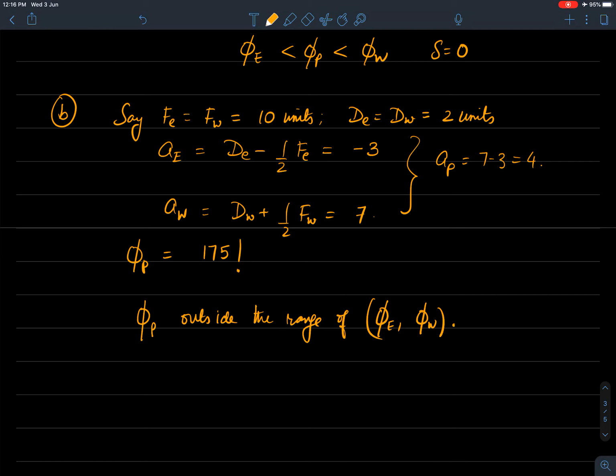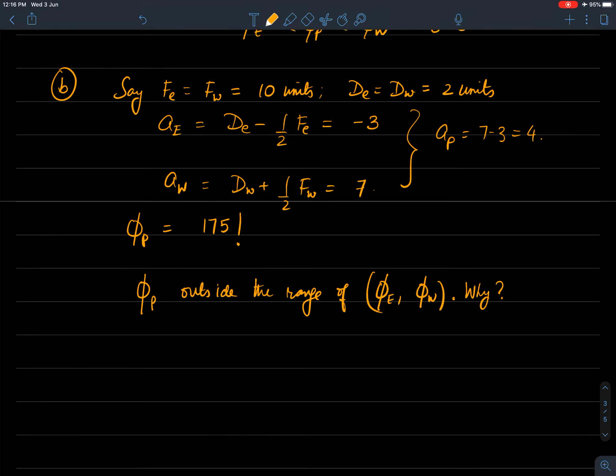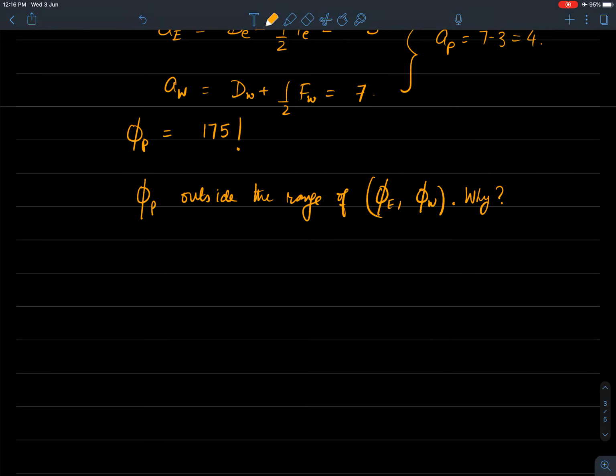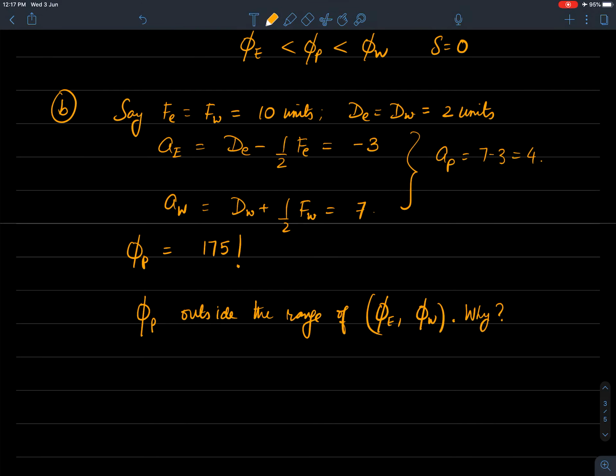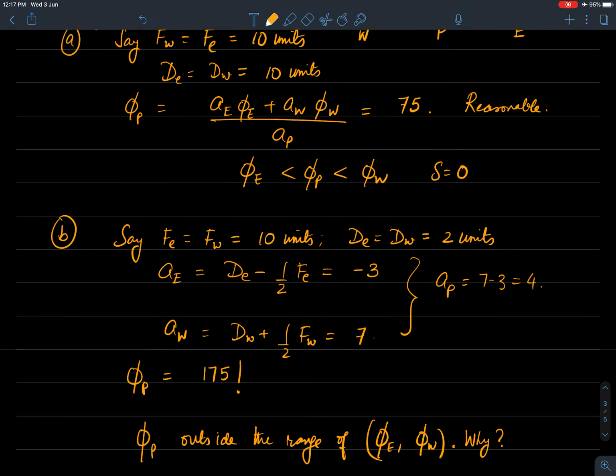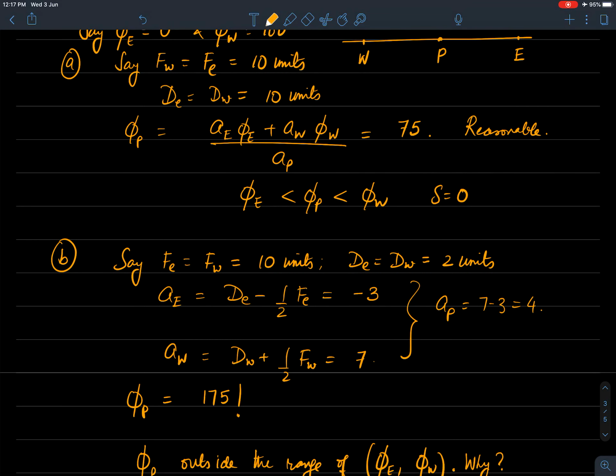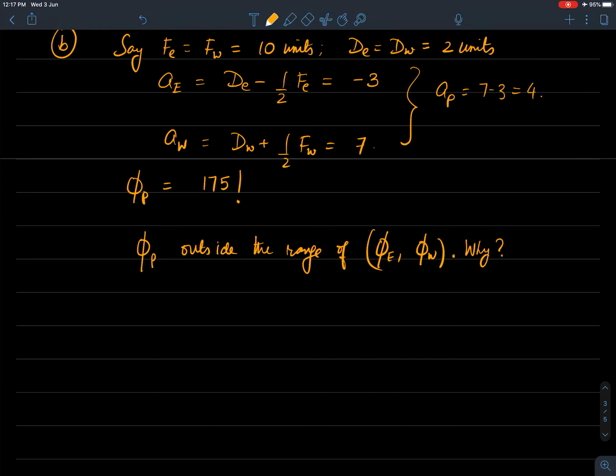And so why did this happen? That is a question that we should try and answer. If you see carefully and work this out, you will see that the difference between the two examples is that in the first example, AE and AW were both positive, but in the second example, AE is negative.